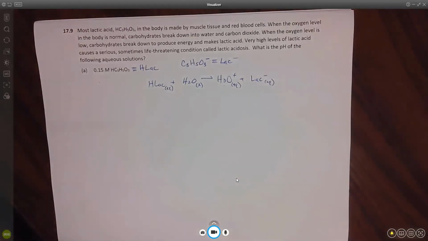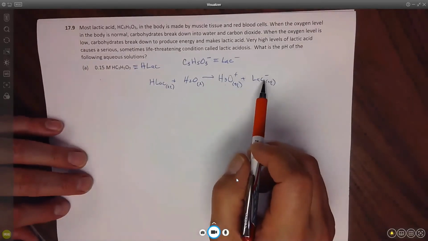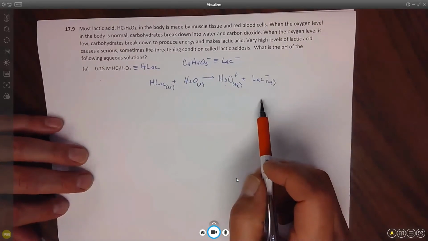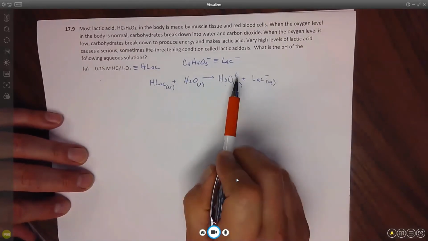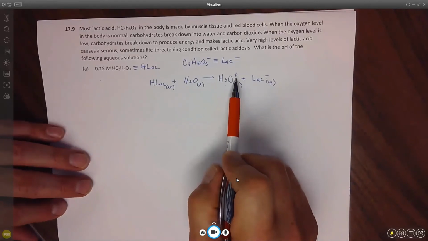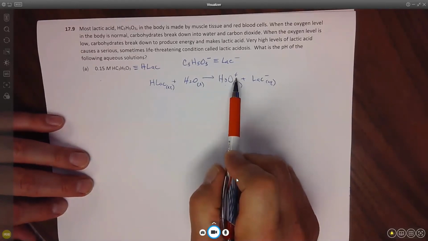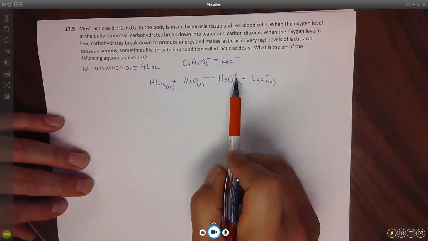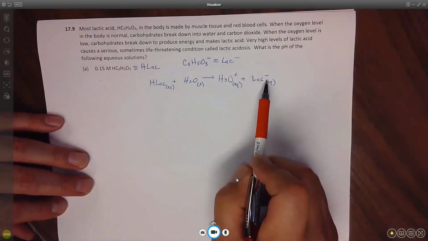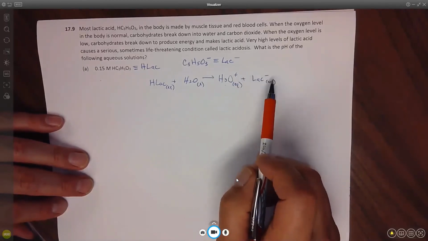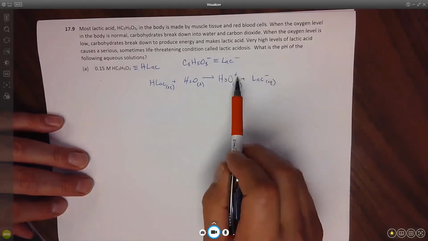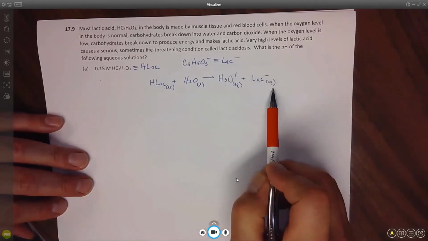This is going to become relevant at the end of this chapter. We're going to start working with some pretty big molecules here. And a lot of students go, oh, that's a big molecule, it must be a solid. Well, the size of the molecules is irrelevant. The fact that it has a charge makes it soluble. So all ions get a phase label of aqueous when they're in water.